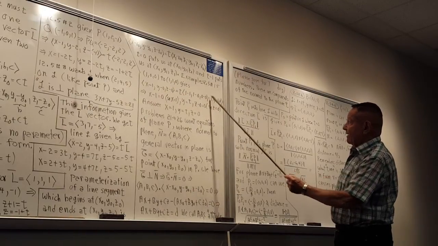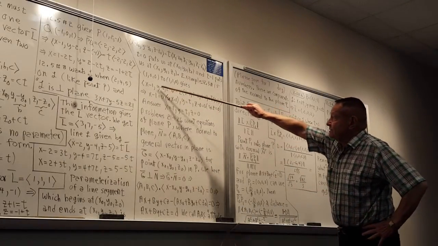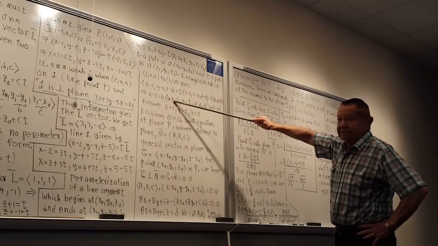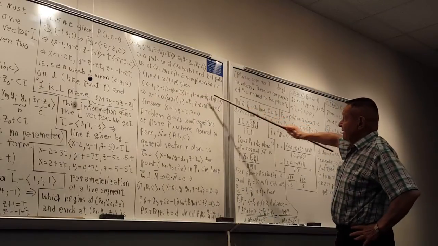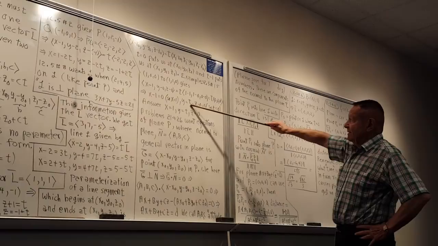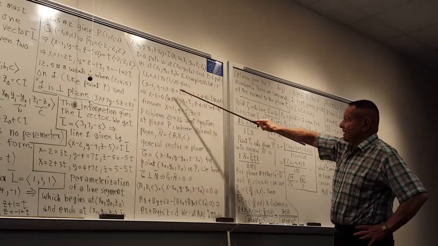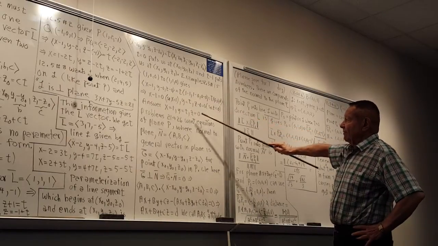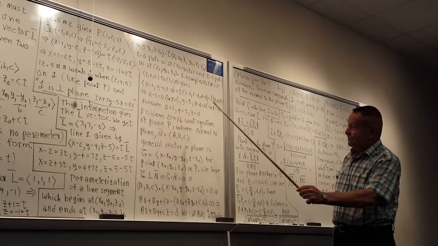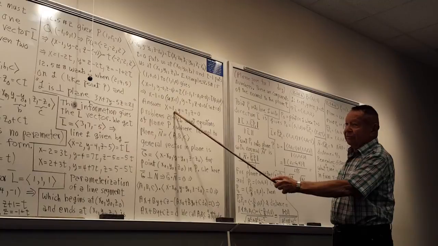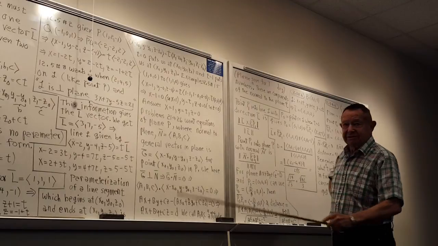So you have 0, 1, 0 here. So x minus 1 is 0. In other words, x is 1. Y is t. See, y equals 1 times t, where t goes from 0 to 1, and z again is 0. So your parameterization would give you just the line segment. X is always 1, y is what varies really, and z is always 0 for that.